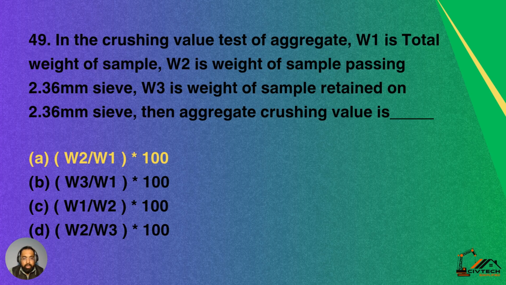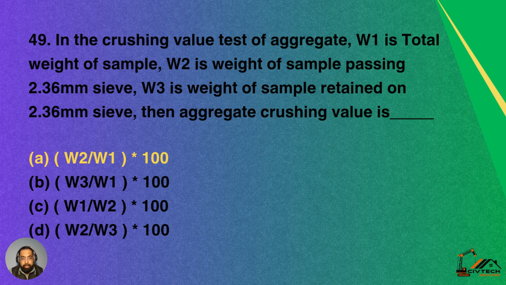I will again read the question. In the crushing value test of aggregate, W1 is the total weight of the sample, W2 is the sample passing the 2.36 mm sieve, and W3 is the weight of the sample retained on the sieve. W1 is the total weight, W2 is the sample passing, and W3 is the retained.